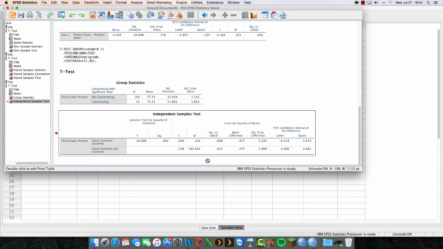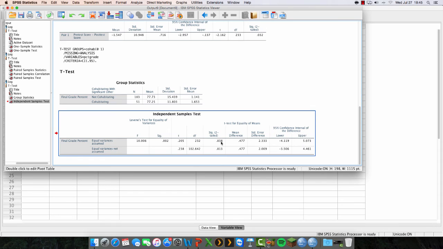Just like our other tests, we want to check and see that we have a value for the T statistic. In this case, 0.205, very low. Degrees of freedom, 232. And the significance, 0.838, which is way, way higher than 0.05.